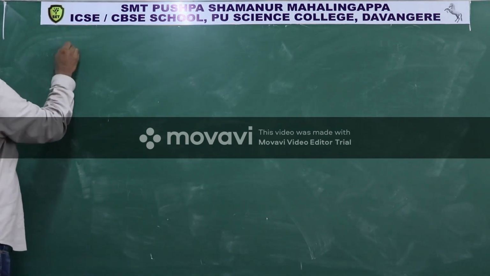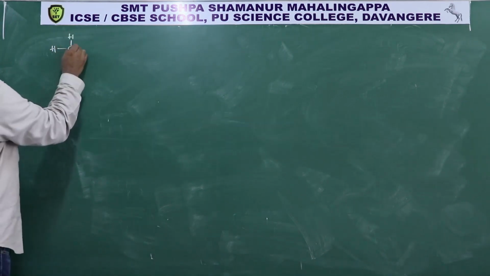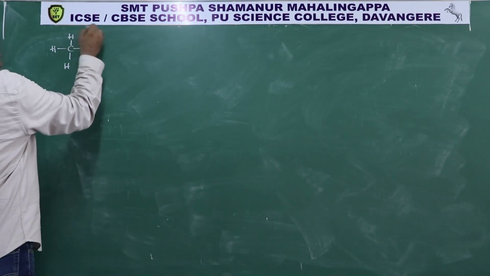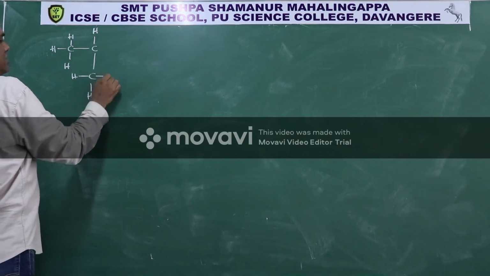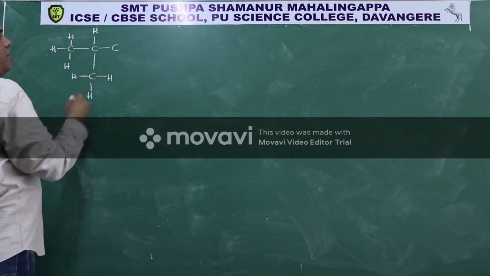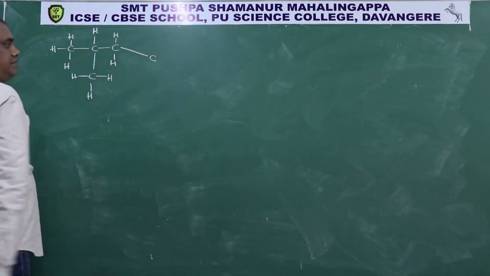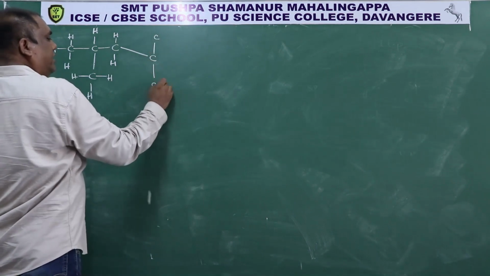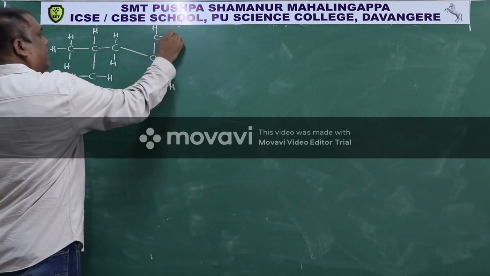Carbon, how many bonds? 1, 2, 3. 3 bonds like this. Then bond with another carbon. Then bond with hydrogen. Then bond with carbon. Because always around carbon you have to write 1, 2, 3, 4 bonds. Then with carbon, then hydrogen, hydrogen, then with carbon, then with carbon, then with carbon, 3 hydrogens. Here also 3 hydrogens.